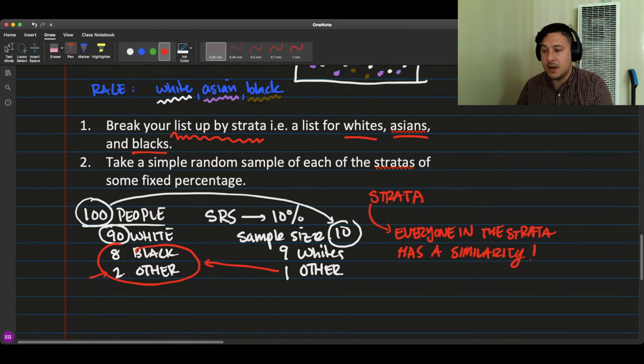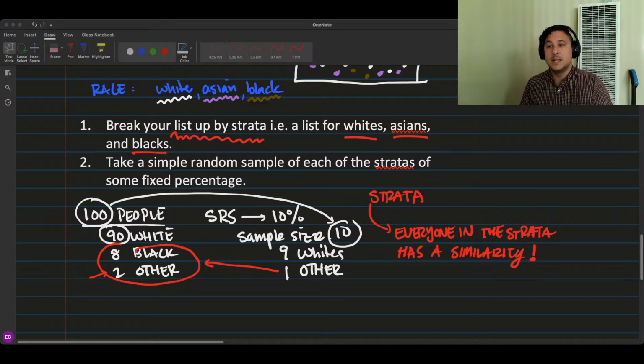So if your strata are race, does it make sense? We're saying all white people are similar in the sense that they're white. All Asian people are similar in that they're Asian. All black people are similar in the sense that they're black. There's something about them that we're using to group them together in a strata. That's an important point here.